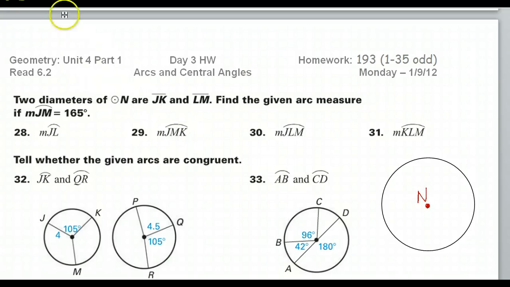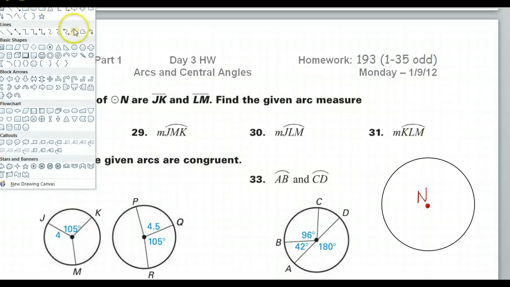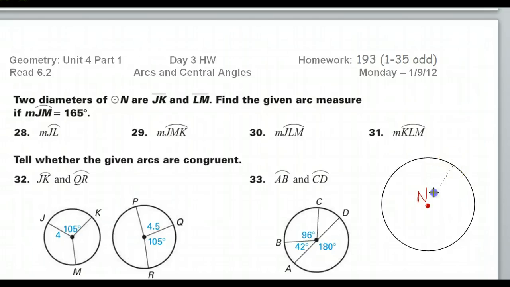And I got my two diameters, so once again, I probably should have just copied the other picture. It would have been quicker, but I didn't think of it, and now I'm half done. So what are you going to do? Okay, my two diameters are supposed to be JK.